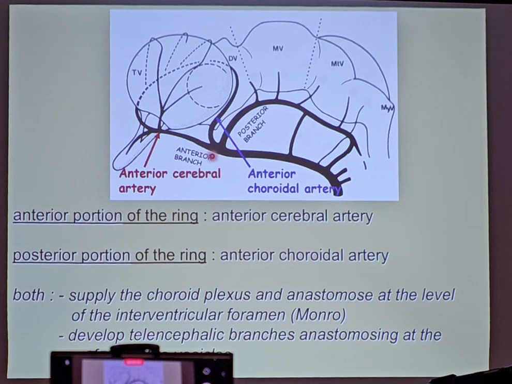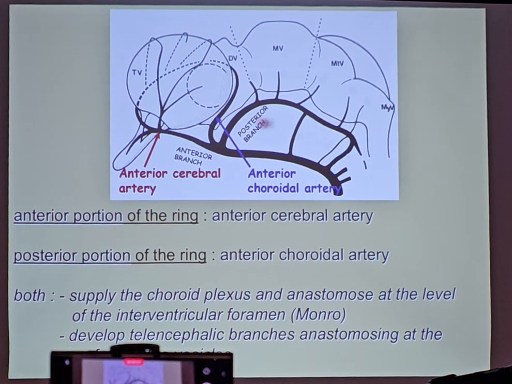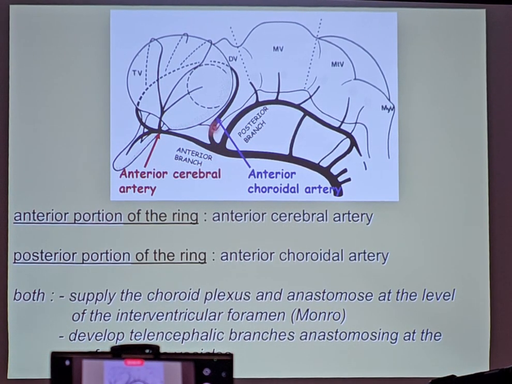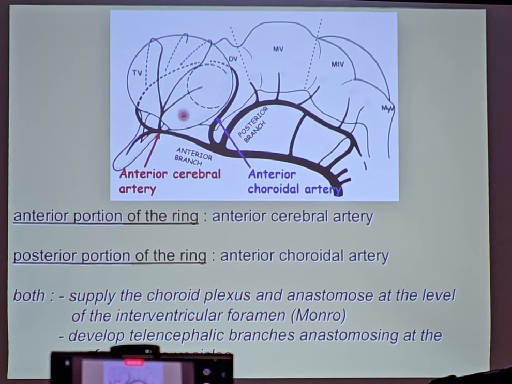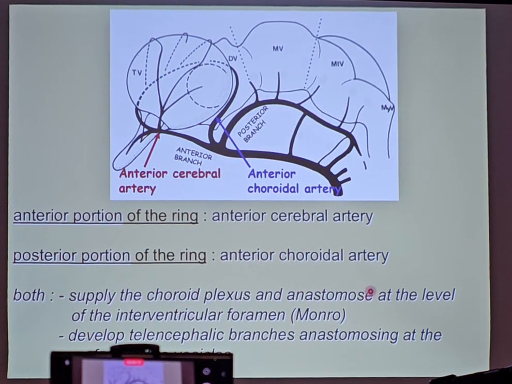So these are the anterior branch of the carotid system, the posterior branch going to the upper basilar. The anterior branch represents the anterior cerebral and the anterior choroidal, and the middle cerebral artery at that point in time is rudimentary. It's not very well developed at all because there's no brain to go to.